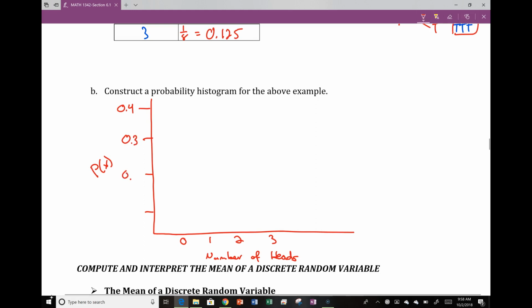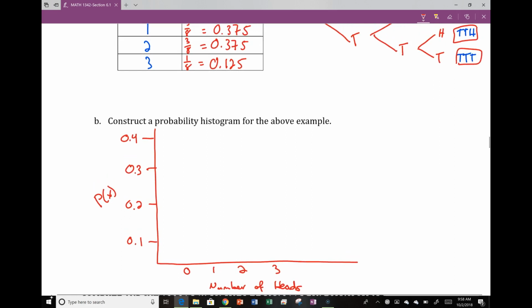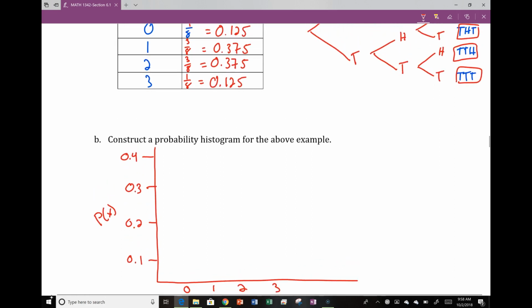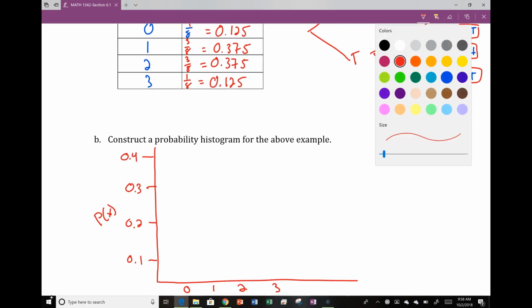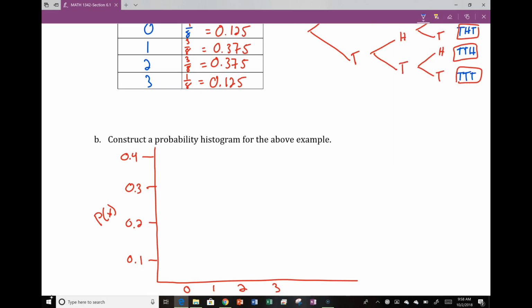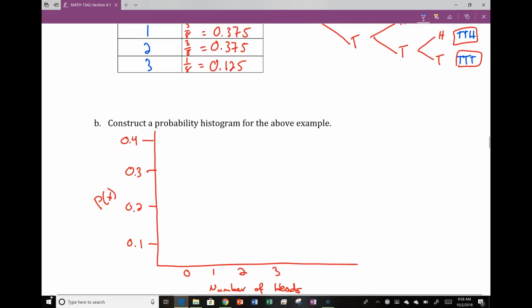So 0.3, 0.2, 0.1, because this one is 0. Now the probability of getting 0 heads was 1 out of 8, which is 0.125. So I'm going to come up to 0.125. I'm going to draw my box.